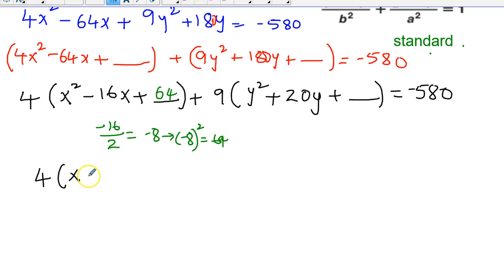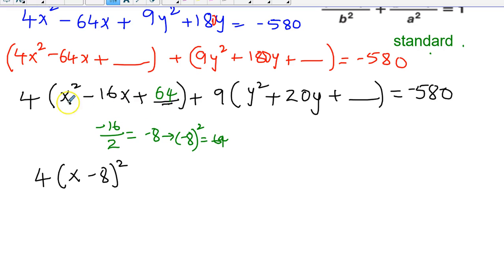So x square minus 16x plus 64 is equal to x minus 8 whole square. That 64 is the number that is required. You brought it into this parenthesis. Okay. So in fact, what is that number you brought? The 64.